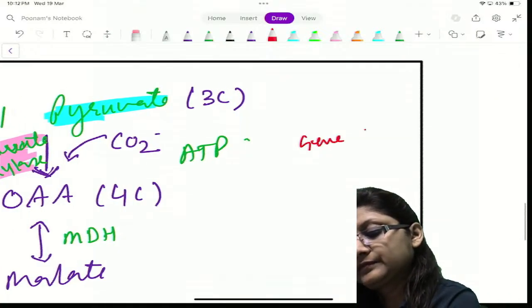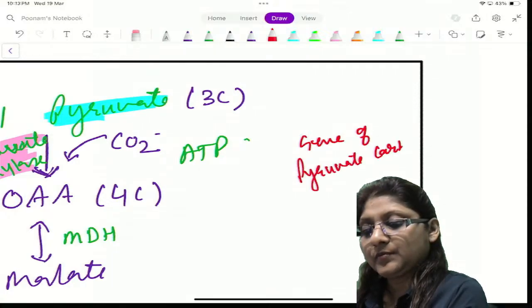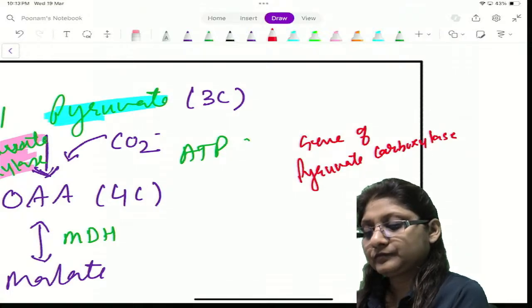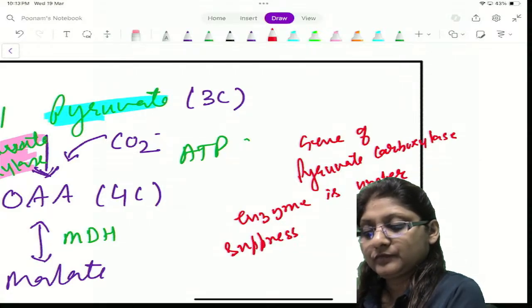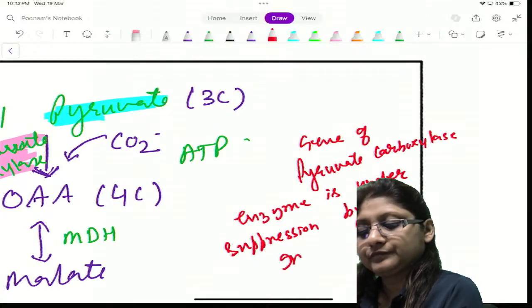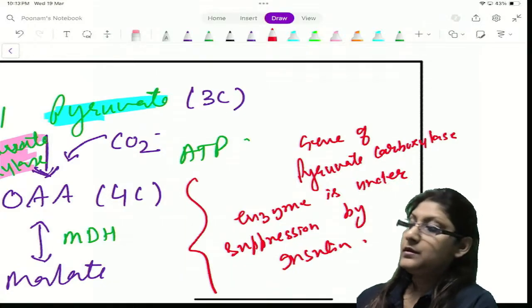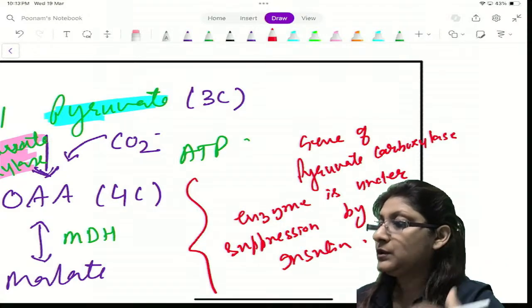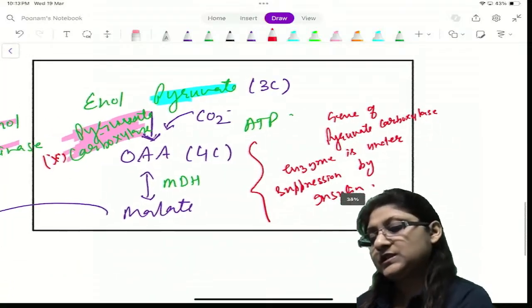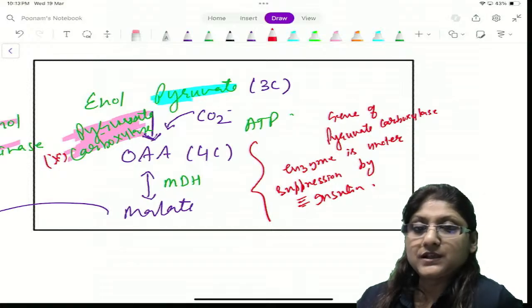For this particular enzyme, I have a very important statement to say: the gene of this pyruvate carboxylase enzyme is under suppression by insulin. So it means what? Whenever insulin is there, this enzyme is not produced, because insulin has an impact on the gene of this pyruvate carboxylase enzyme, which is getting suppressed, not allowing the enzyme to be formed.